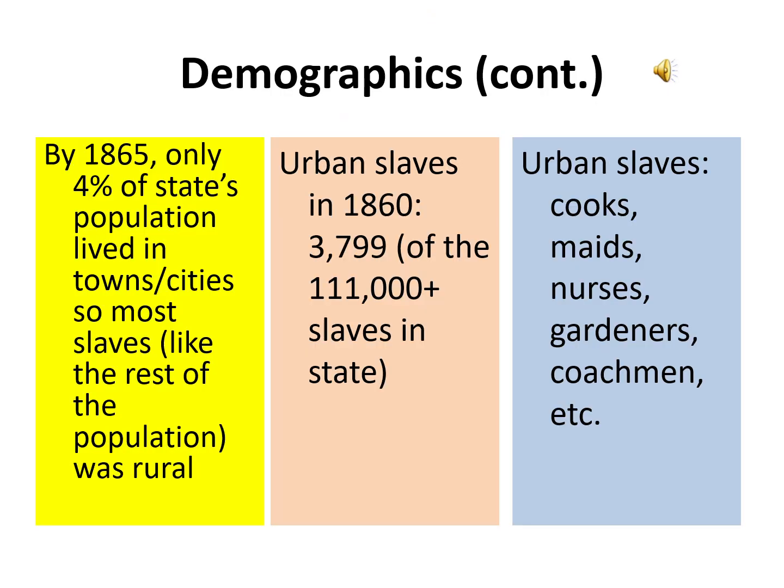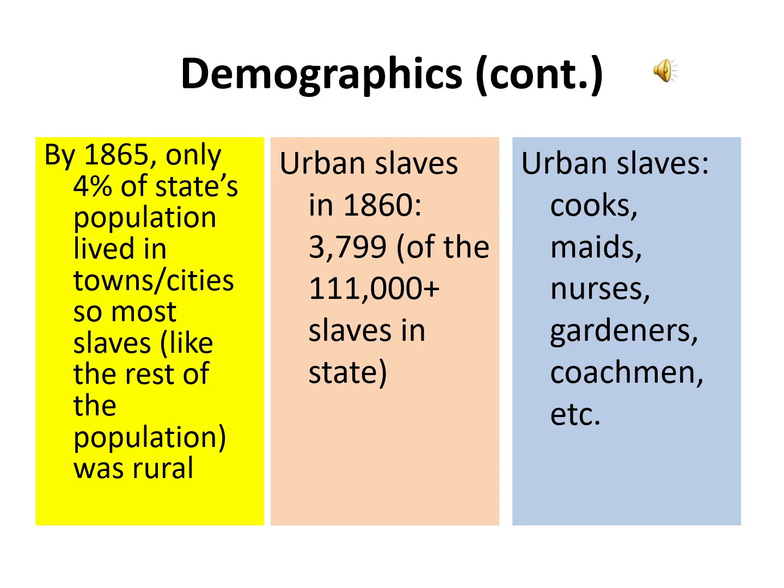Okay, and I'll just touch back on these demographics a little bit. By 1865, only 4% of the state's population lived in cities or towns. So most slaves, like the rest of the population, lived out in the country. They were rural and very much focused on agriculture, at least to a small degree. In 1860, there were 3,799 urban slaves in the state.